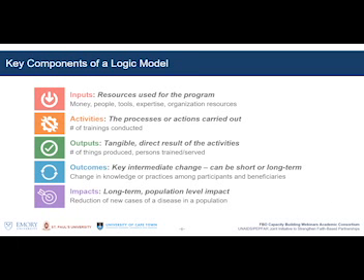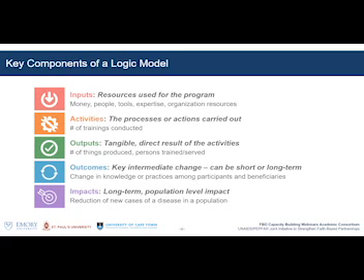So let me describe the key components of a typical logic model. There's some variations, but these are some of the common core components that build the logic model and help you link your goals and objectives to planning and evaluating what you can accomplish. So the first one is inputs.